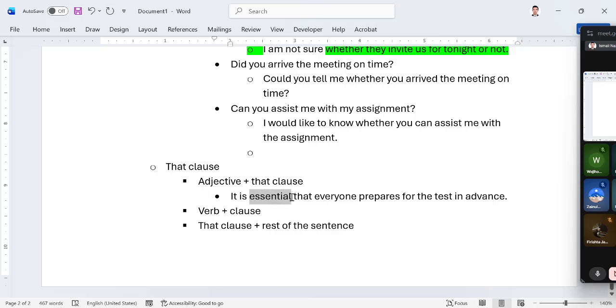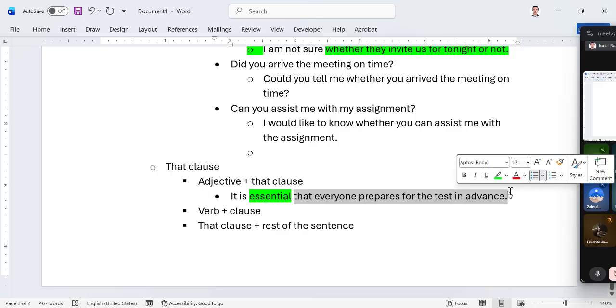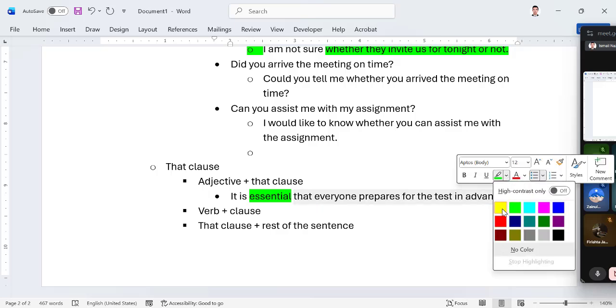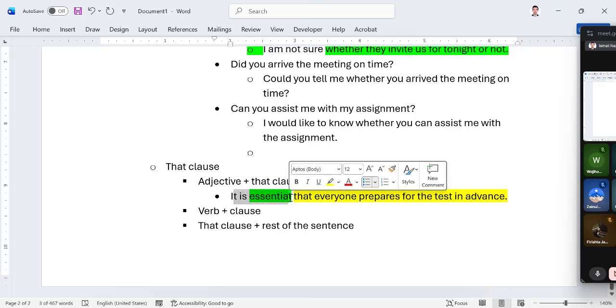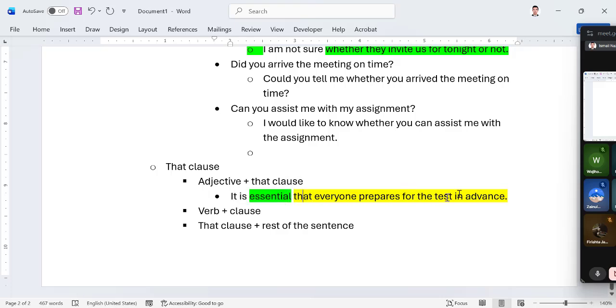What is essential? It's the adjective. Then what do we have? The noun clause, that everyone prepares for the test in advance. It is the noun clause which functions as the complement of our main clause. It is essential. What is essential? That everyone prepares for the test in advance.